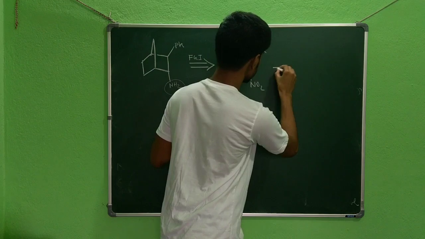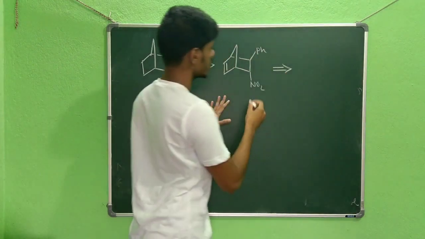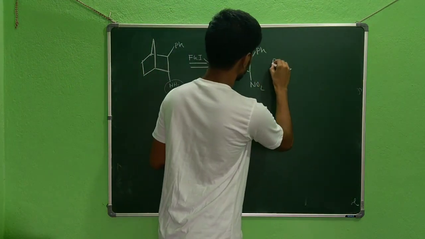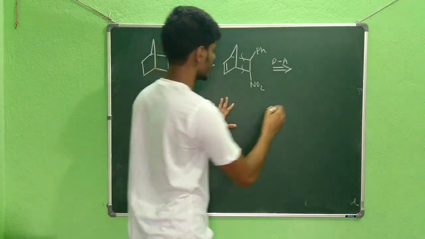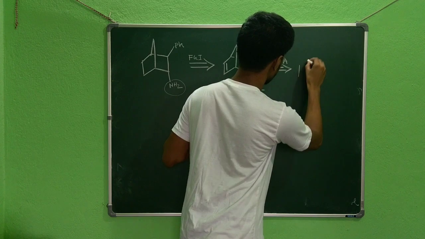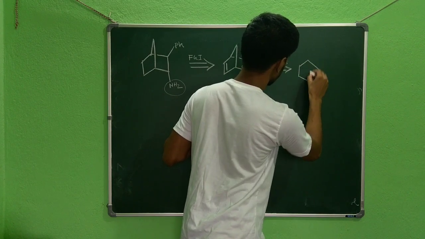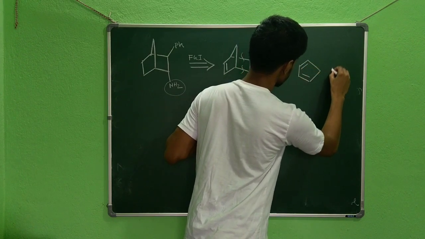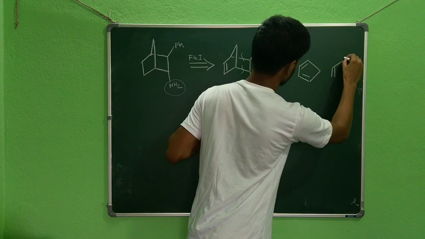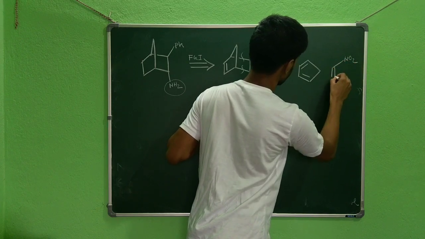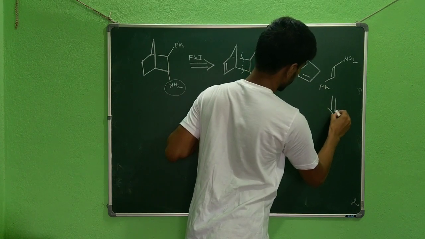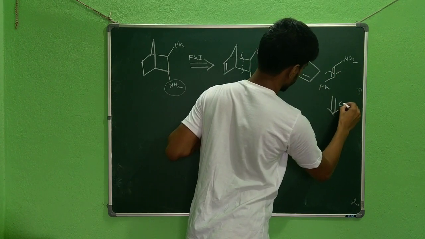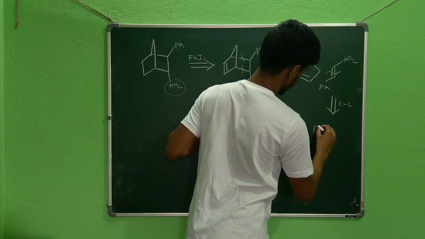Now in the next step you can see this is the standard Diels-Alder fragmentation. From here the fragmentation will occur, and you will have this as your substrate, and here you have NO2 Ph, and this you can get again from this C-C disconnection.